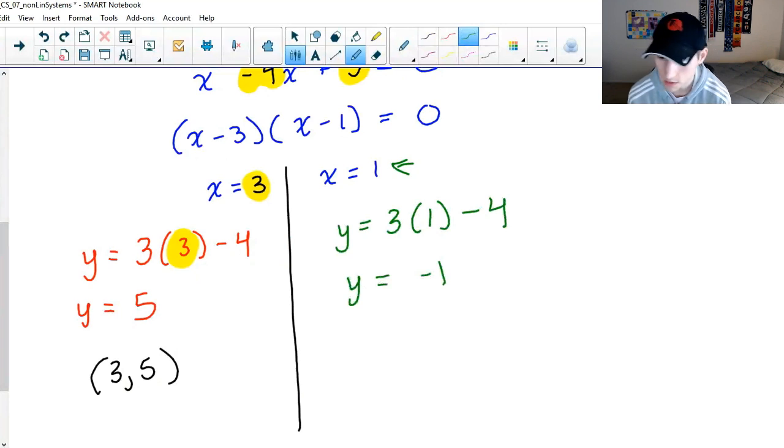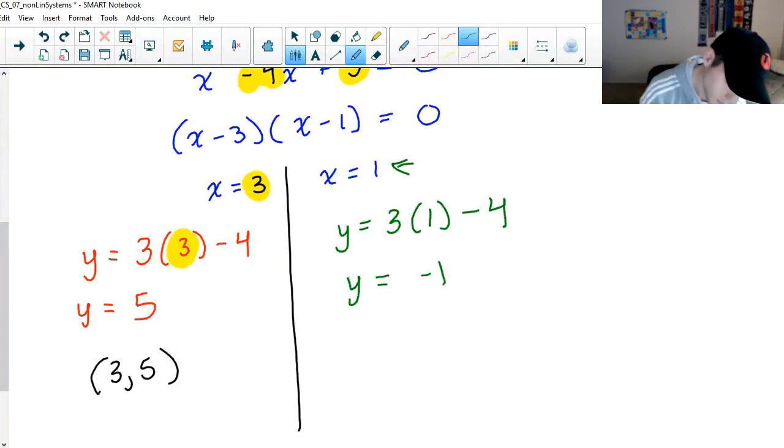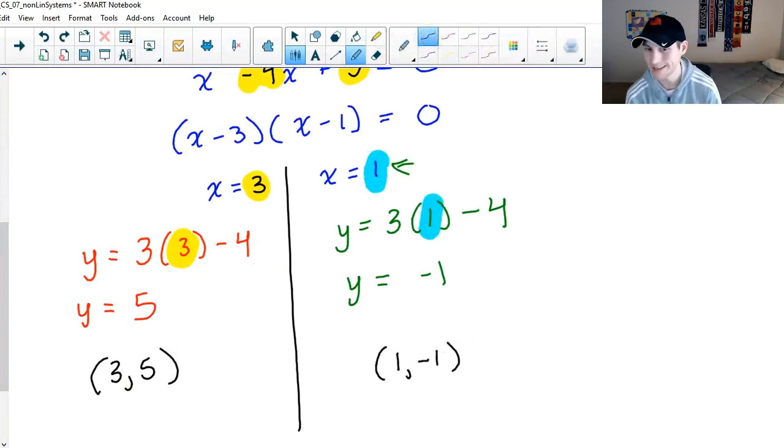So 3 minus 4, negative 1. So now if I plug in 1, the y value that I get is negative 1.